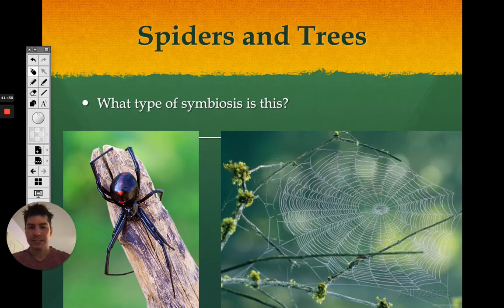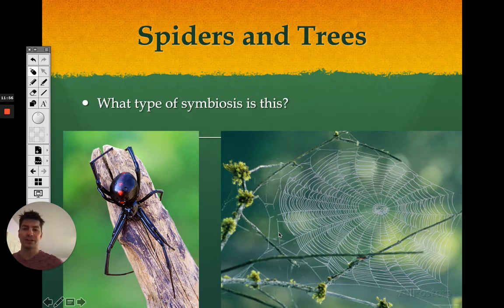All right. Spiders and trees. So on the trees, you guys see the nice black widow here. The spider is going to form this nice big web here. Okay. Now if we're talking about the bugs, this would be parasitism. This one, kind of commensalism, because the web isn't really harming the tree that much.